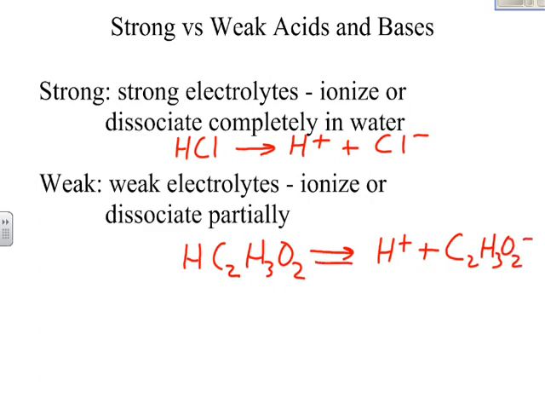Most of this will actually stay in the original form, although this is where we've established that equilibrium, that balance, where some of the molecules will break apart, and while they're in solution, some of the hydrogen and acetate ions will combine back together again to go back to the non-ionized form of the molecule.